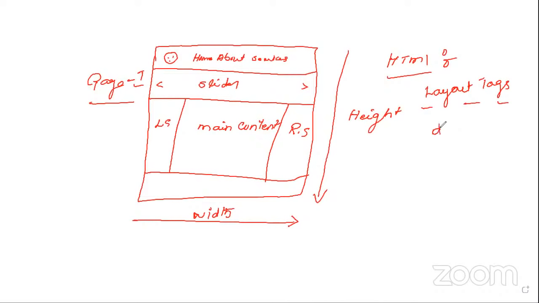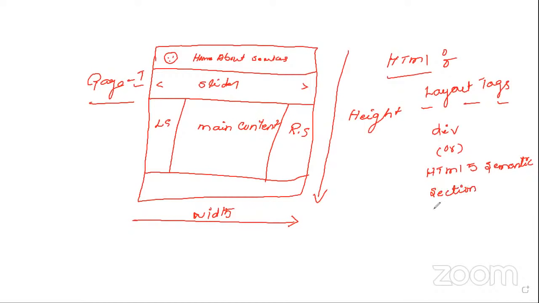So either you can use the division tag, or we can also use HTML5 semantic tags. That is where the real-time experience comes into the picture. In the place of division, you can also use the section tag.